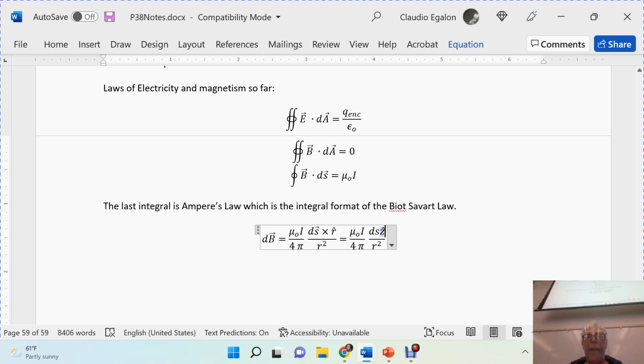Because we're calculating at the very center of the loop, every point along the loop is going to have the same distance, a. So we can replace r with a. And then we have to come up with an integral now to calculate this equation here.